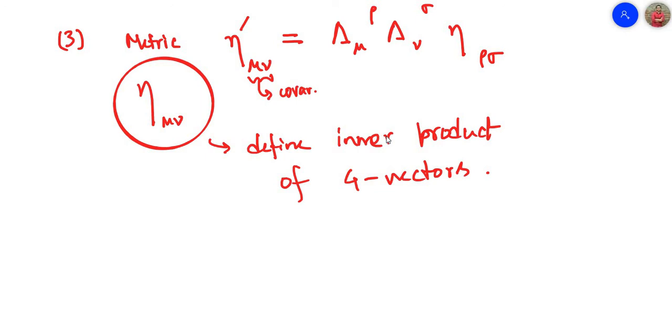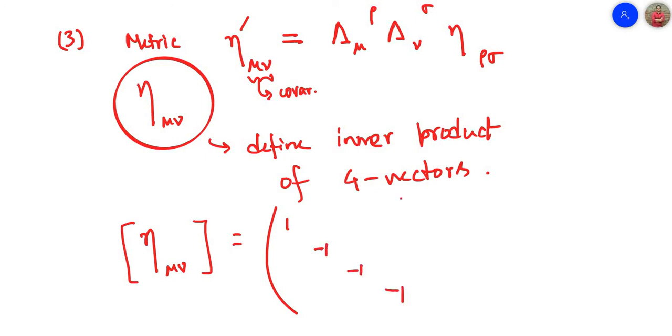So by now it must be known to you that in Cartesian coordinates, our metric has the explicit form of 1, negative 1, negative 1, negative 1. And notice that not all of the diagonal elements have the same sign; some have positive signs, some have negative signs.